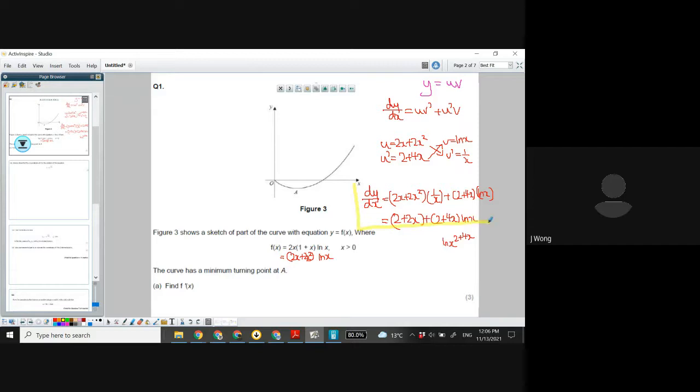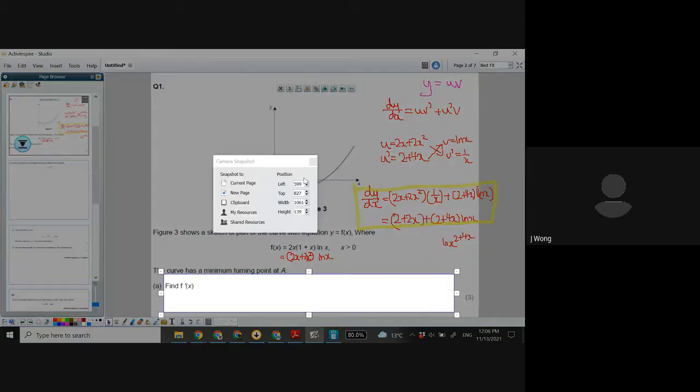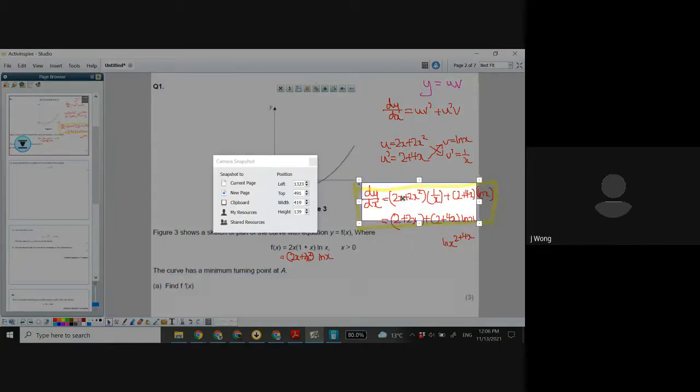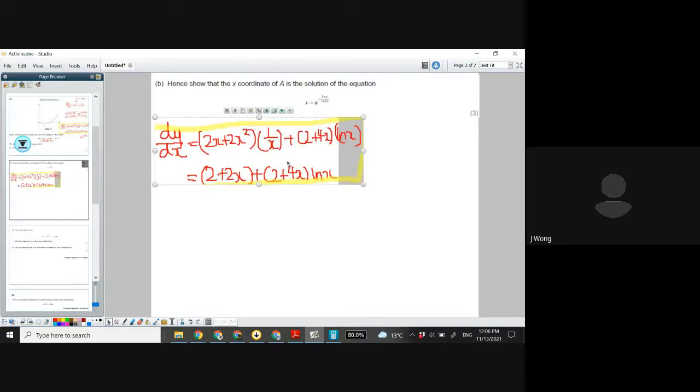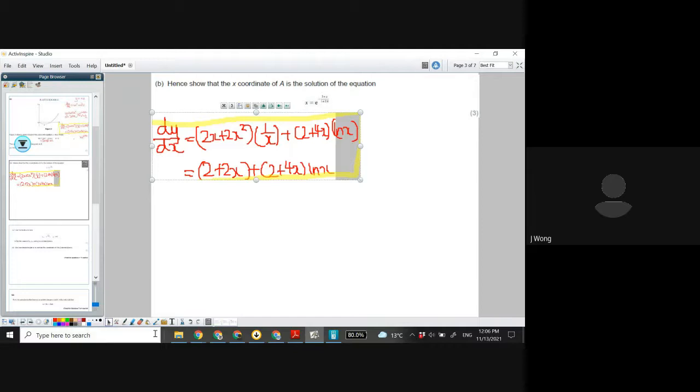We'll probably need that for part B, because without looking at the second part, I guess what they're asking us to do is to establish an equation to find the minimum point A. So hence, find the x-coordinate of point A, which, if you recall from the graph, is the minimum point, where we know the gradient will be 0.